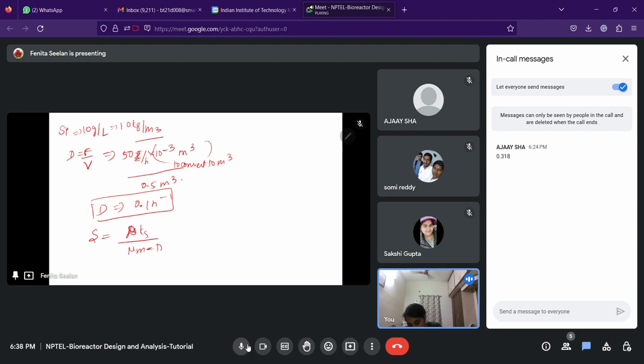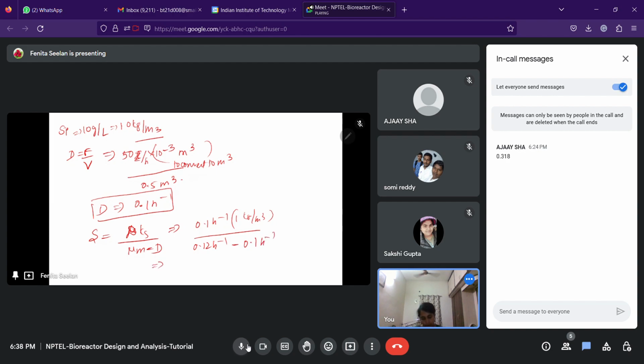We know all these values, it's already given, we are just going to substitute. D is 0.1 per hour and Ks is 1 kg per meter cube. Mu max is 0.12 per hour minus D, which is 0.1 per hour.